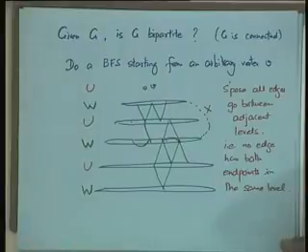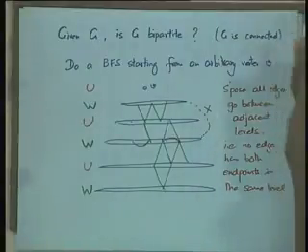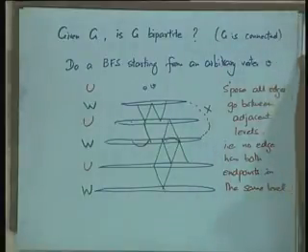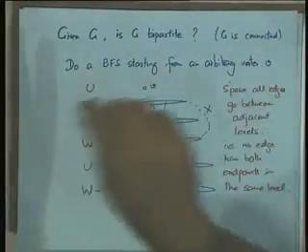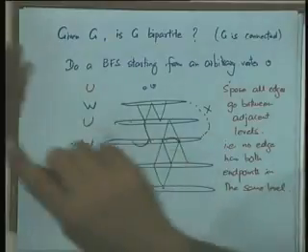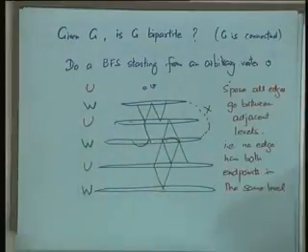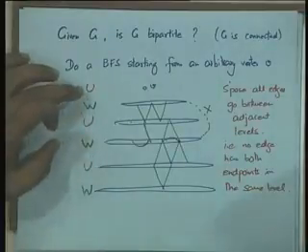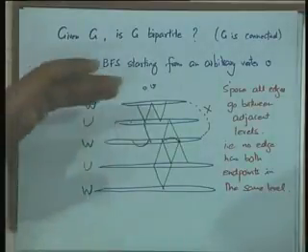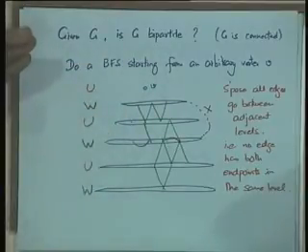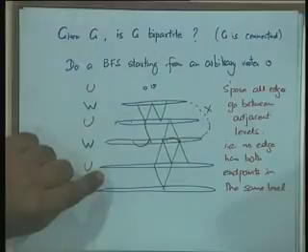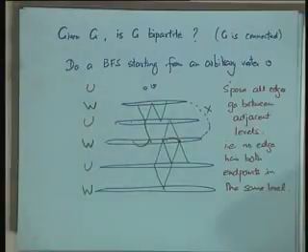After all, to convince you that the graph is bipartite, what do I have to do? I have to show you a partition of the vertices such that every edge has its endpoints on the two sides of the partition. So now, if I do my partition in this manner, this is the U side, this is the U side, this is the U side, then every edge is going from a vertex on the U side to a vertex on the W side.